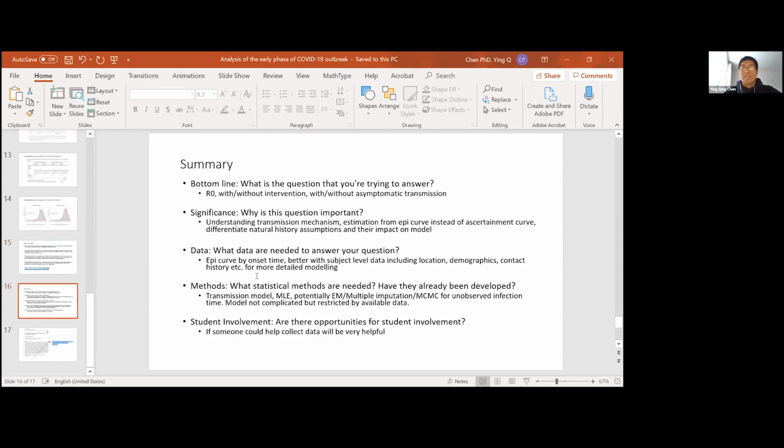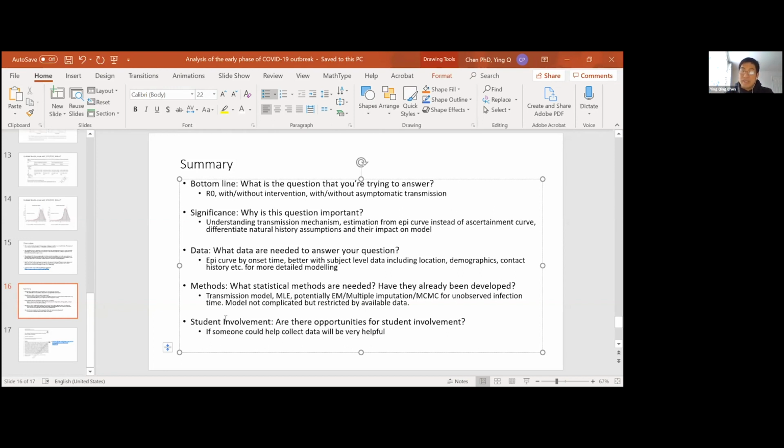So there are our issues, and what we would summarize in terms of the activities we have done around this topic is, the bottom line is we are interested in R0. The significance is certainly important for understanding the transmission mechanism. The data is what type of data is needed to answer our questions, and what kind of methods. We presented a transmission model.